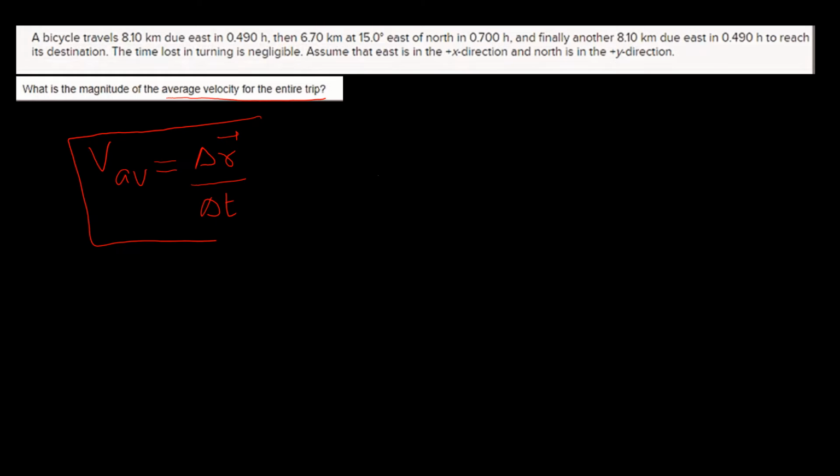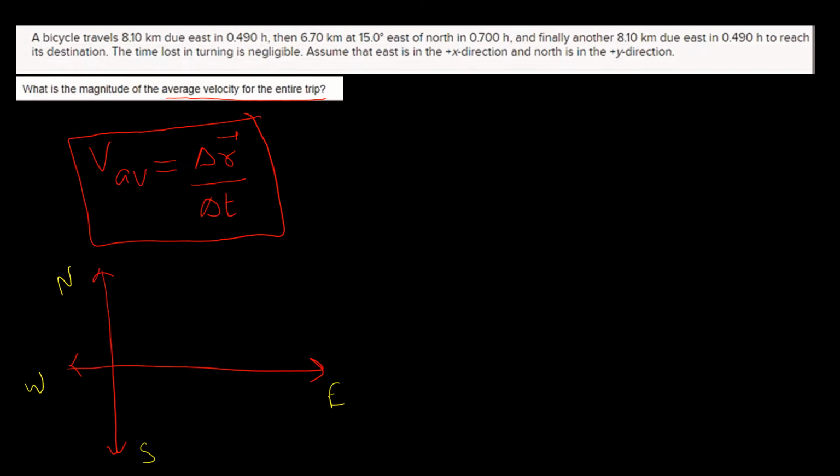Now our coordinate frame: here we have the east direction, the north here, then the west and the south.